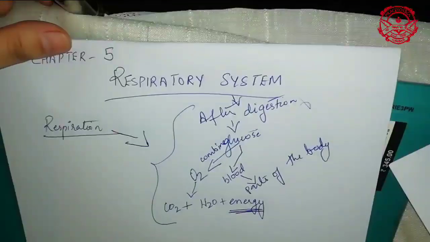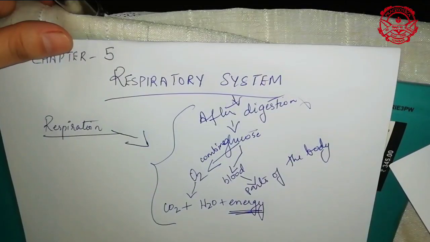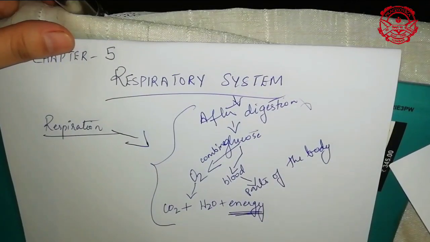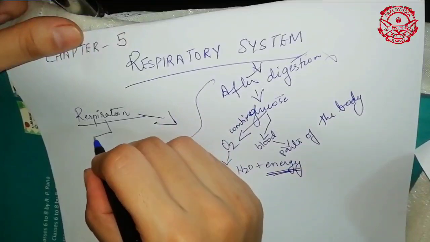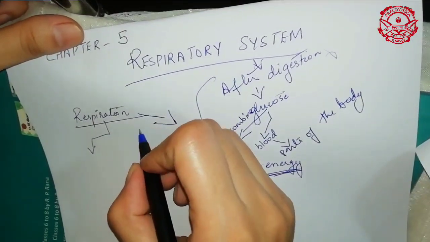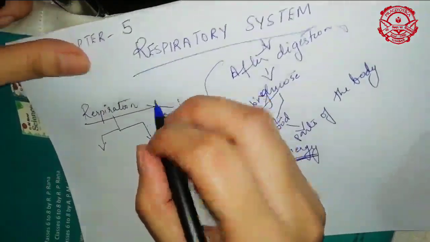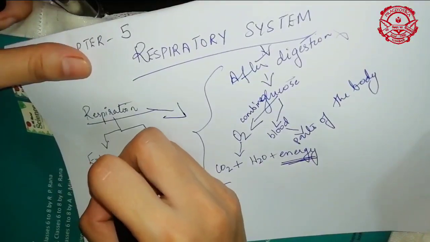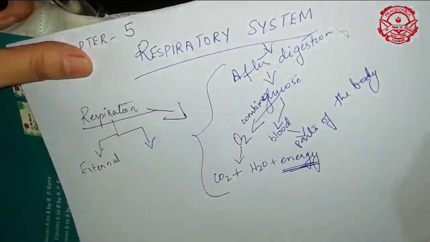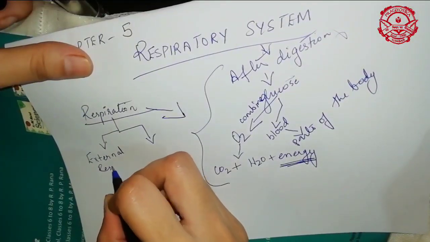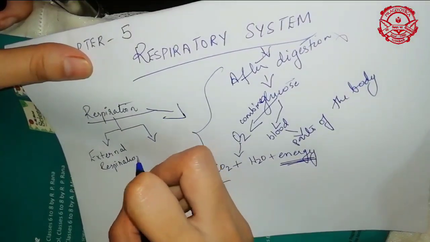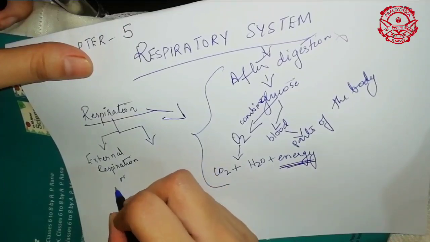In this chapter, we will be discussing the process of respiration in animals and plants. Normally respiration takes place in two stages. The first one is external respiration, which we can also term breathing.